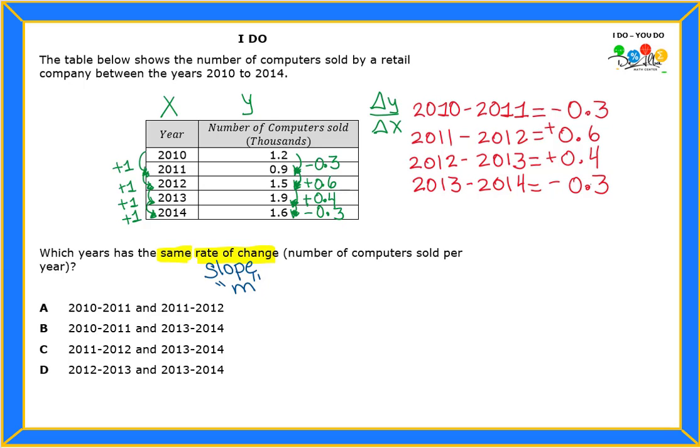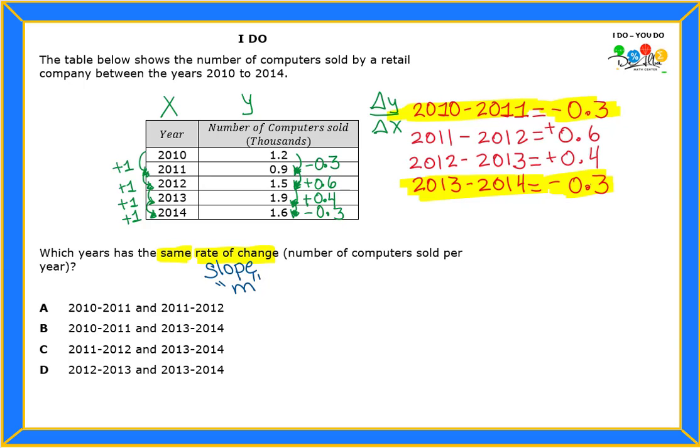So I'm looking for the ones that have the same rate of change. I see that these two numbers are the same, and the years are between 2010 and 2011 and 2013 and 2014. Are we clear on that?